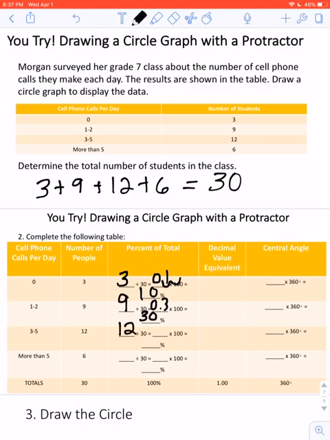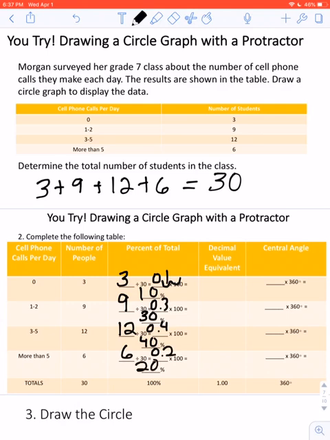You can see here I'm just taking this number and dividing it by the total number of students in the class. So 12 divided by 30, punch that into your calculator, 0.4. 0.4 is going to give me 40%. Last one, 6 divided by 30, 0.2, and that's going to be 20%.